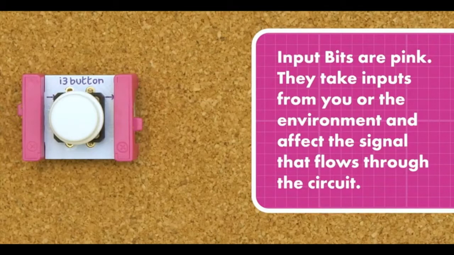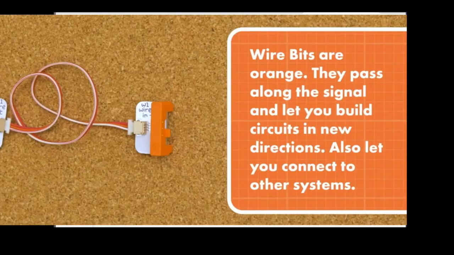So they might be buttons, dimmers, or sensors, things that receive direction from you, the programmer, or from the environment. And then you add more smarts with orange. Orange bits let you build your circuits in a new direction, like with a wire or a fork, or connect to other systems like coding on a computer.